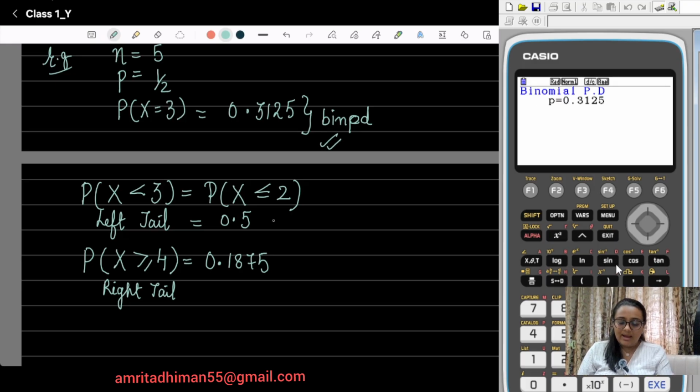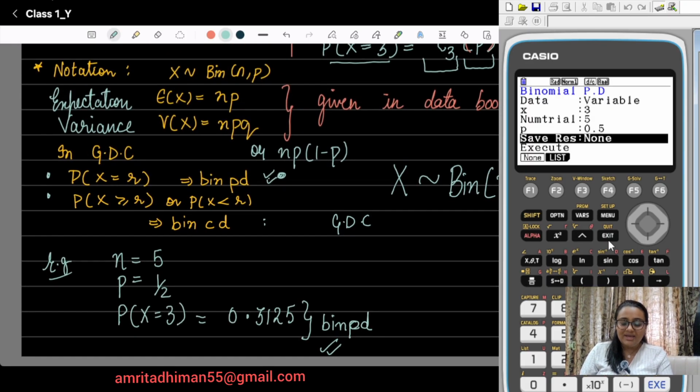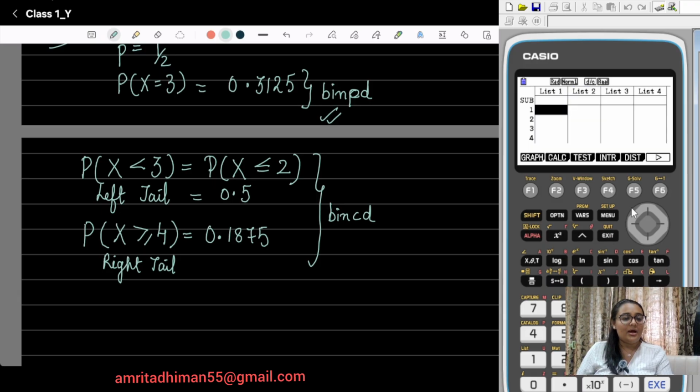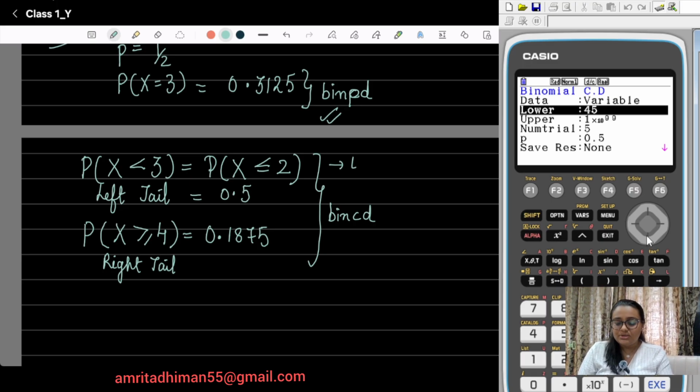Now I will try to find the probability x less than 3. For the inequality part, I told you that instead of PD we use binomial CD. So again we go back, choose distribution, binomial CD, variable. Now they will ask for the lower and upper point. What is your lower value?